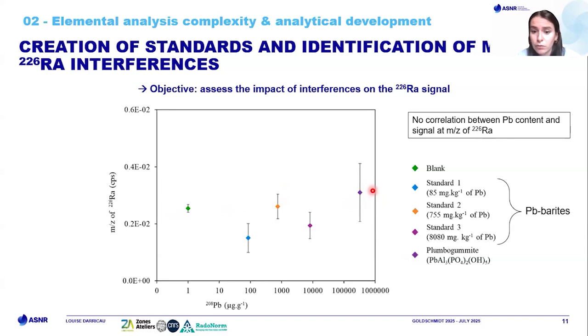We see no correlation even with a lot of lead. So when we really select the good radium signal, so we do a really good selection and a really good identification of the signal, we can see that we do not have an interference linked to the lead presence. So we know we are looking at radium. We know we don't have an interference on the signal.